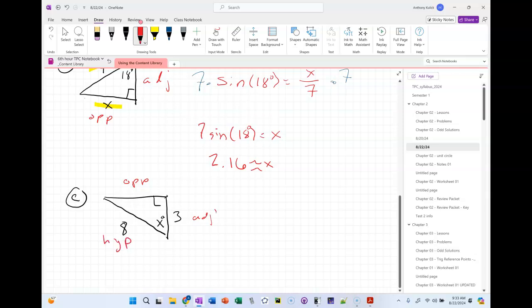Your geometry teacher did a very good job of schooling you on the opposite, adjacent, hypotenuse thing. All right. In this case, we have adjacent and hypotenuse, so we need to write cosine. So we'll say cosine of x equals 3 over 8.